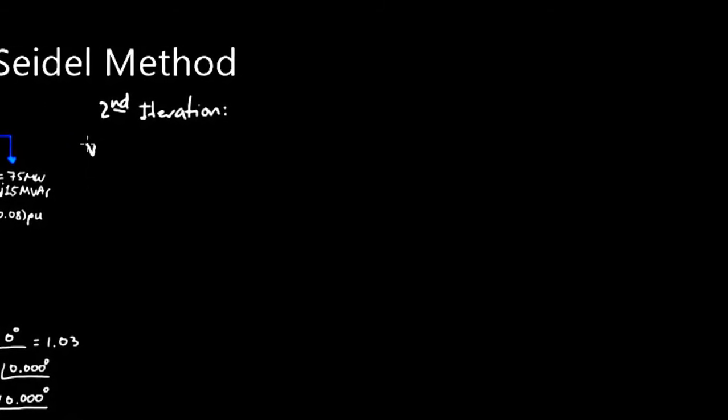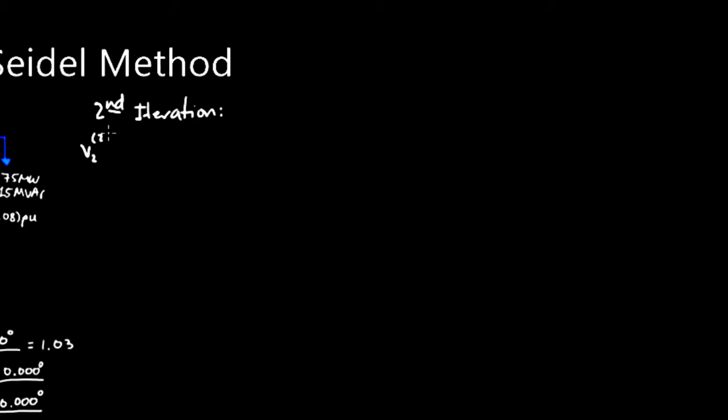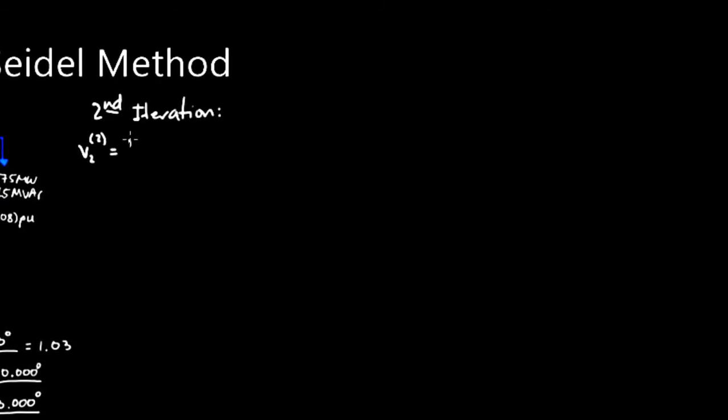So I'm going to say then that V2 of 2 is going to be equal to P2 minus J Q2 over V2 conjugate, but now of the first iteration, so the previous iteration, and then minus uppercase Y12 V1 of 0.